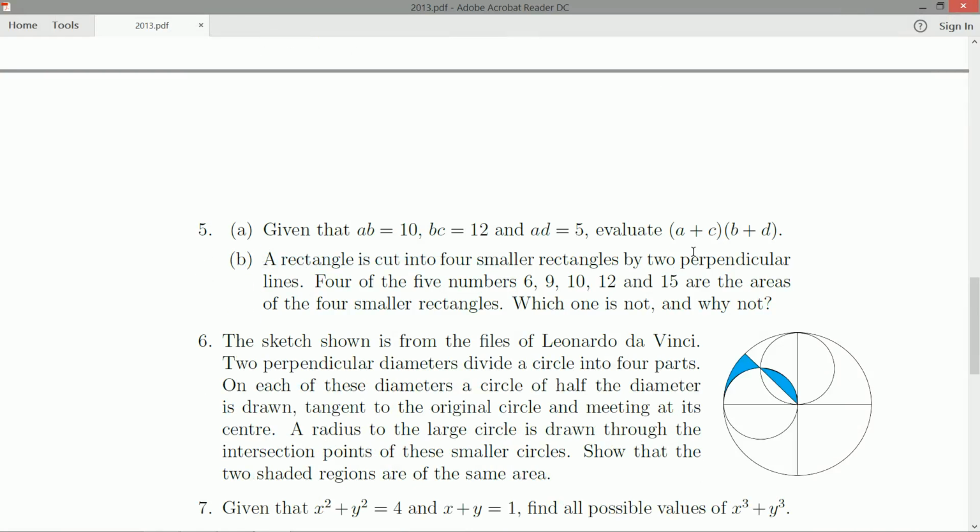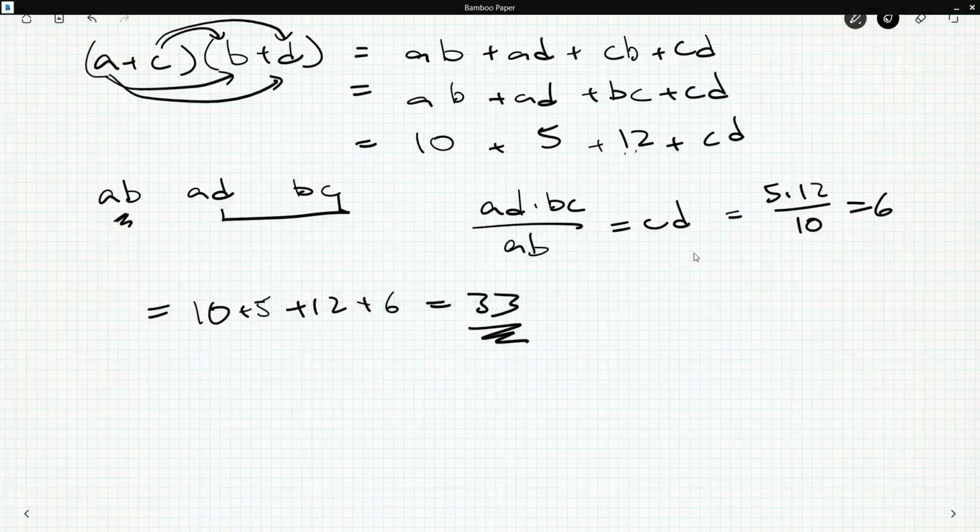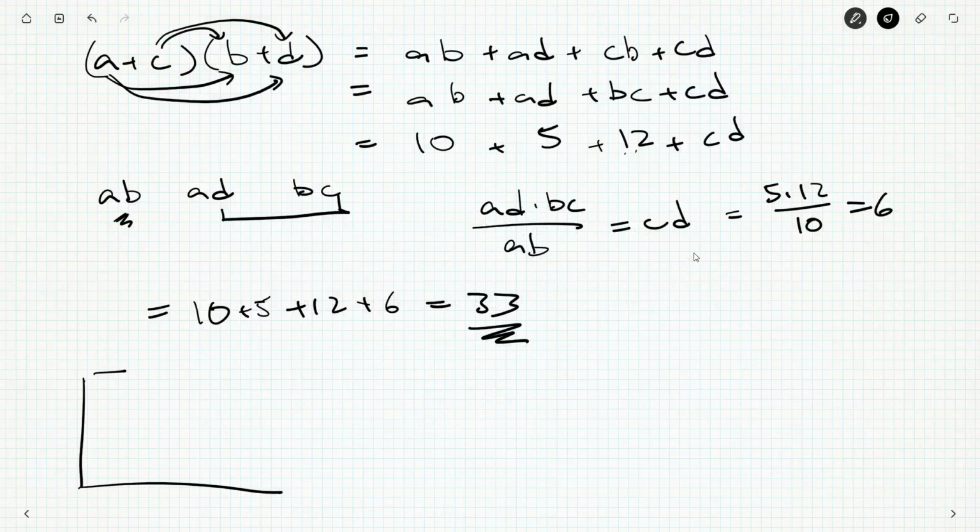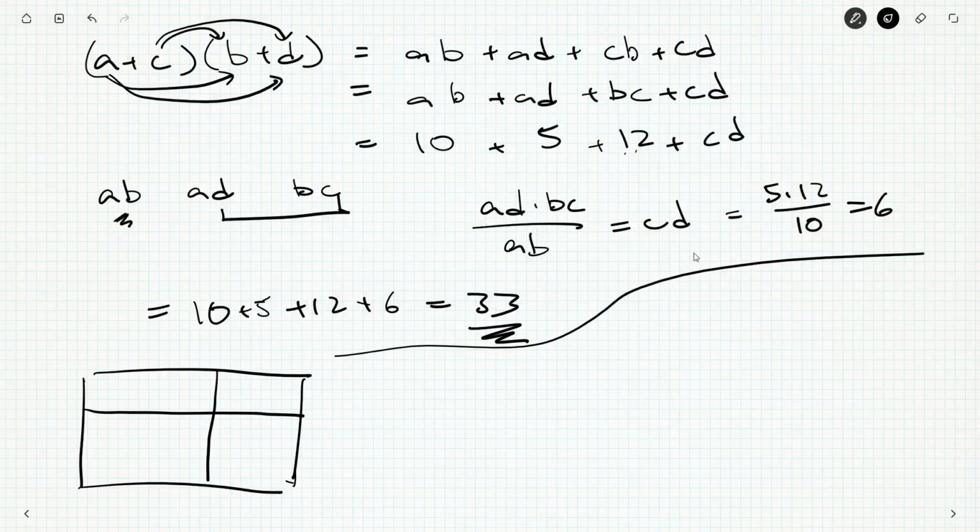Okay, so we got to justify what we're talking about. Let's draw a quick little picture. So we have a rectangle here, and it's cut by perpendicular lines. They say we get 4 rectangles. Okay, now we've got the numbers 6, 9, 10, 12, and 15 here.